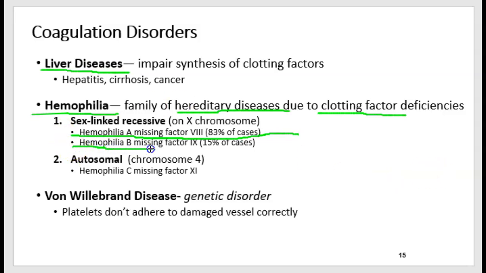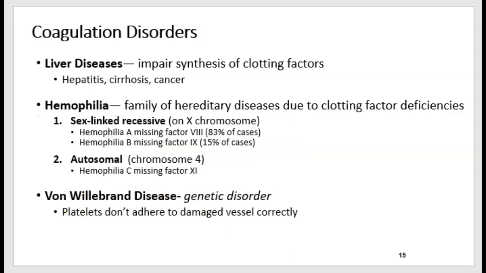In hemophilia B, a person's gene for clotting factor 9 is abnormal. And then there's another one, C. And these genes are on different chromosomes. Okay, so hemophilia would result in not producing the clotting factors necessary to produce the fibrin, which is the clotting protein. Not a clotting factor, but the protein that all the blood cells stick to and forms the clot.